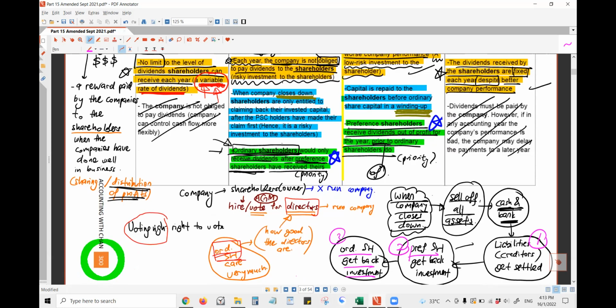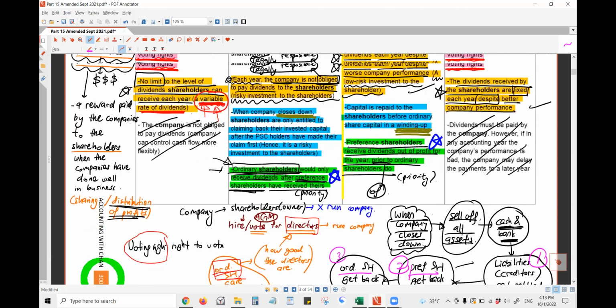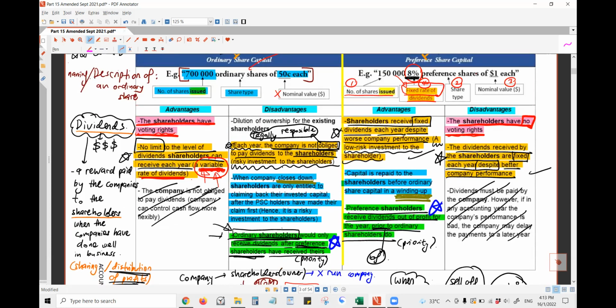Now let's read the paragraph in blue. Make sure you have written this diagram down, the flow chart. Have a look at the one in dark blue. When company closes down, shareholders, the word shareholder is under the ordinary share column, right? So I'm referring to ordinary shareholders here when you see the word shareholder.